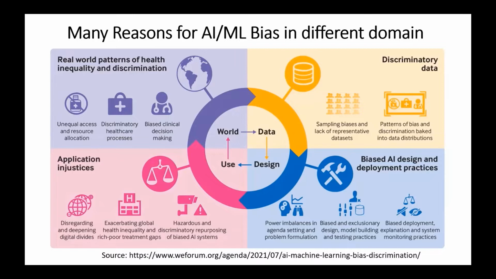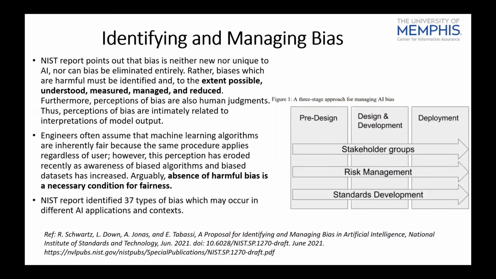Let's move on to how to identify and manage bias. That's very critical. It is assumed that bias is neither new nor unique to AI, nor can bias be eliminated entirely. Rather, bias which is harmful must be identified and, to the extent possible, understood, measured, managed, and reduced.